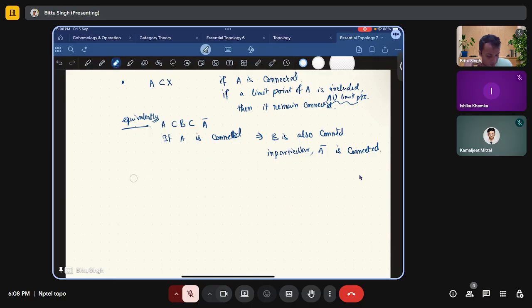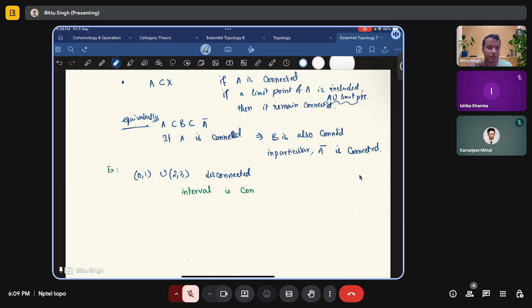We have already seen the set open (0,1) union (2,3). This is disconnected, right? Those are disconnected because this set is written as a disjoint union of two open sets. But we also know that R or any interval is connected.